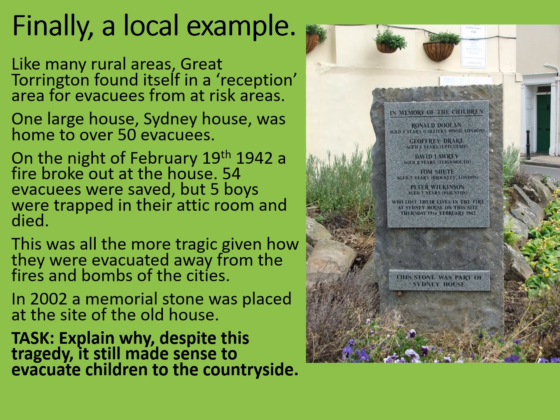Geoffrey Drake, aged 8 years, from Uffculme. David Laurie, aged 8 years, from Teignmouth. Tom Shute, aged 7 years, from Brockley, also in London. And Peter Wilkinson, aged 7 years, from Paignton. Indeed, in 1942, coastal towns, even small ones like Teignmouth and Paignton, were targets for German hit-and-run raiders during daylight, so increasingly people were moved away from them.